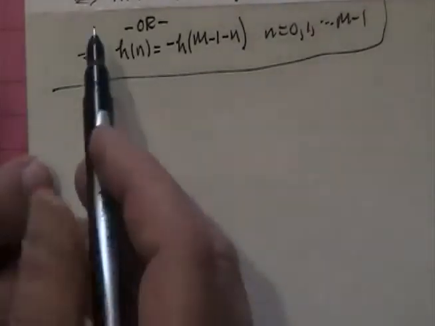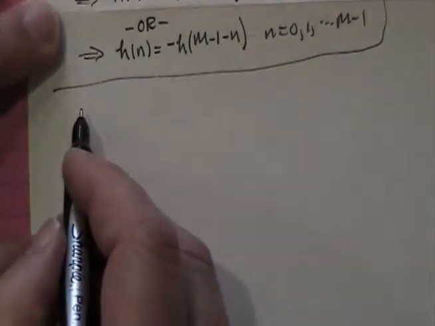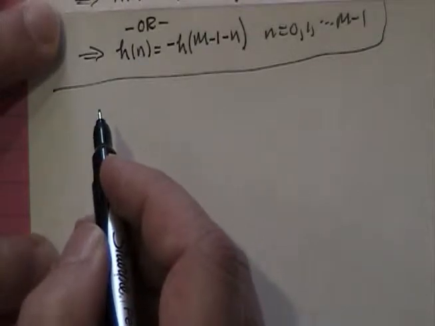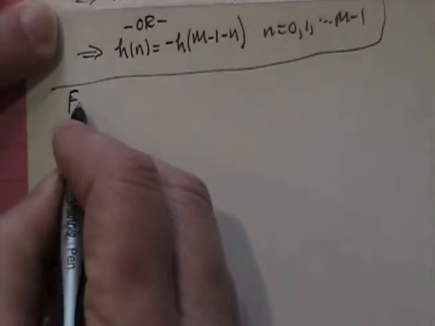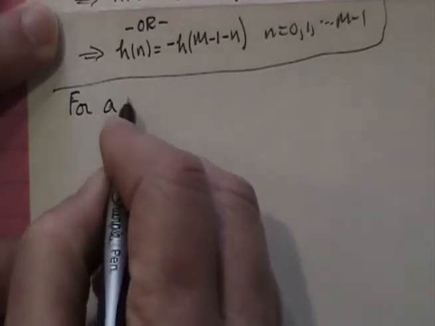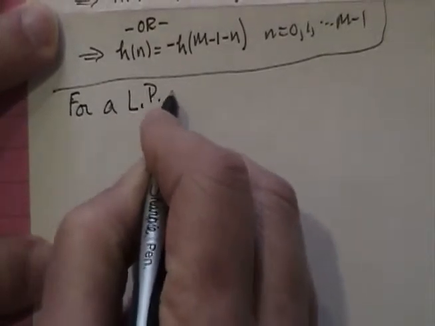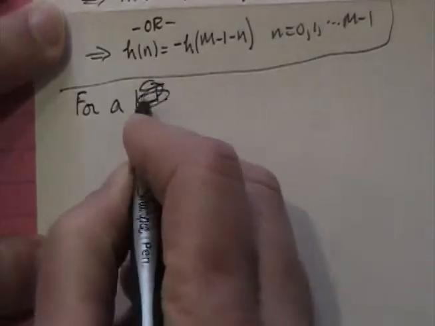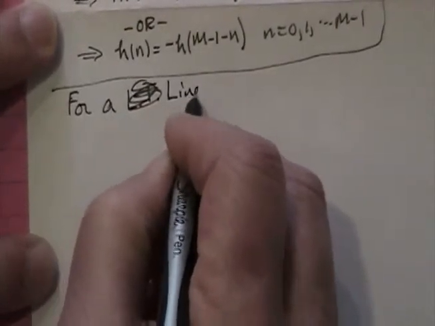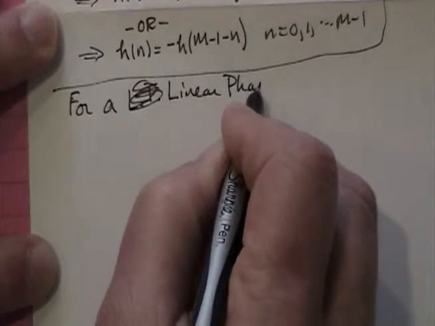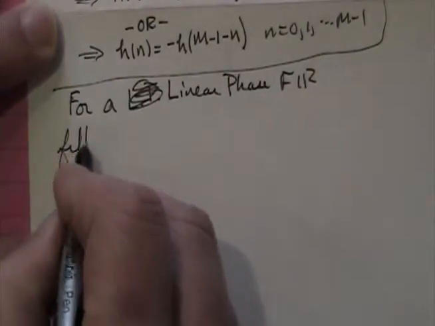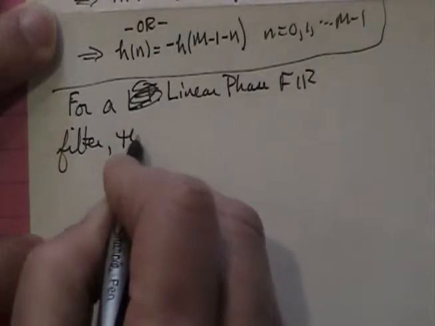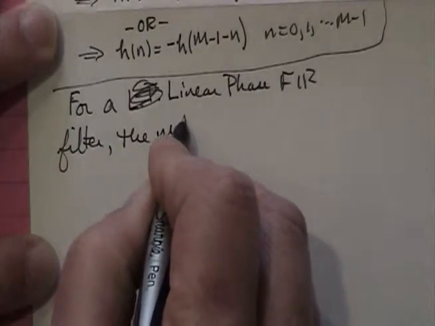One of the little side notes we get along the way for linear phase is that our computational complexity can be reduced. For a linear phase FIR filter, the number of multiplications can be reduced.